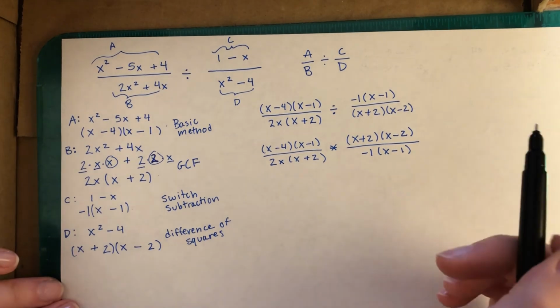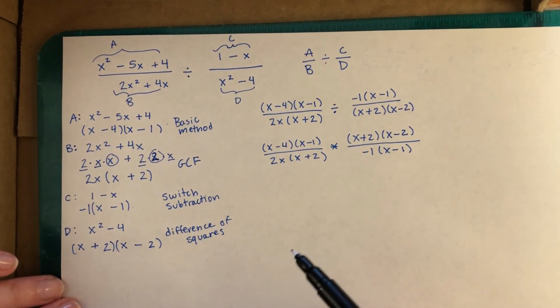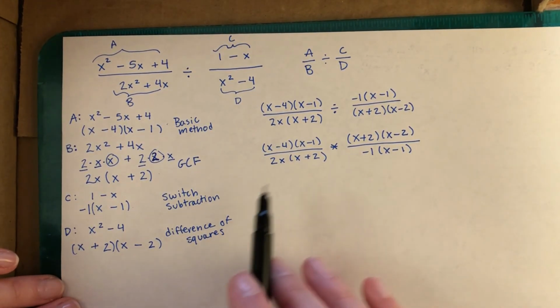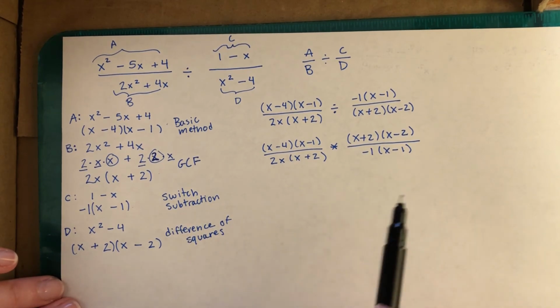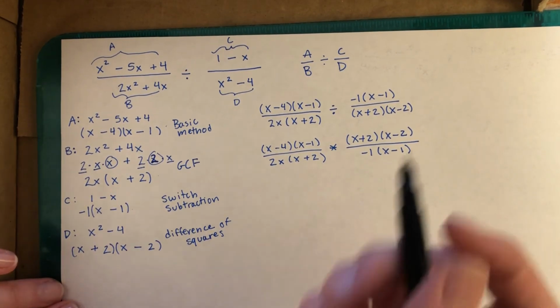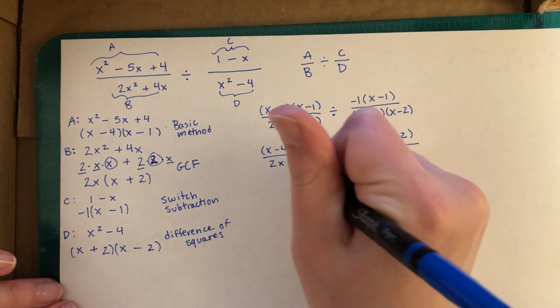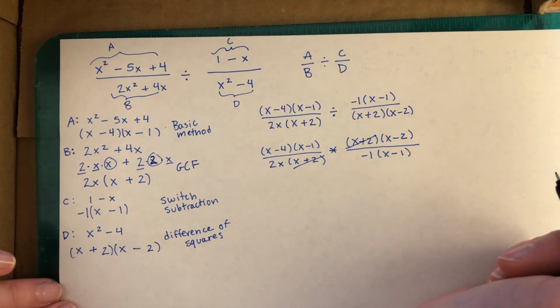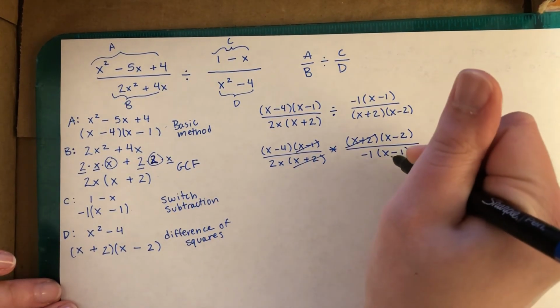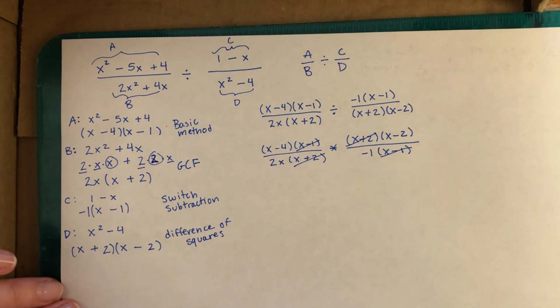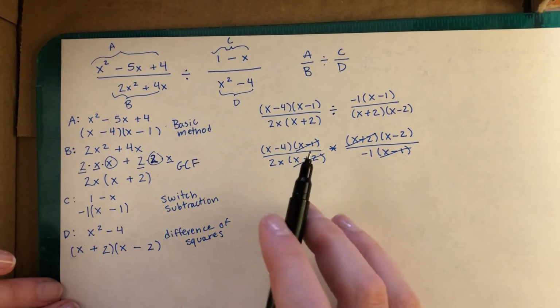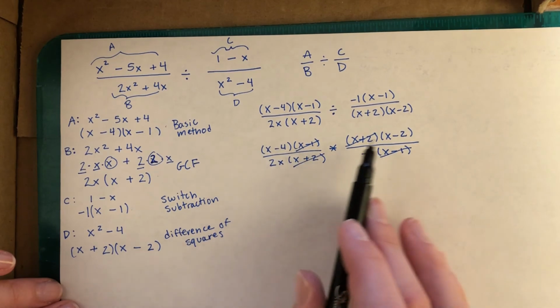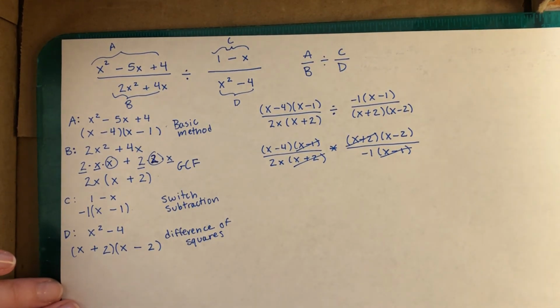So now after all that, I'm finally ready to look for matches on the top and bottom that I can cancel. And I see this x plus 2, x plus 2. And I also see x minus 1 with x minus 1. Looking carefully, I don't see anything else that matches.